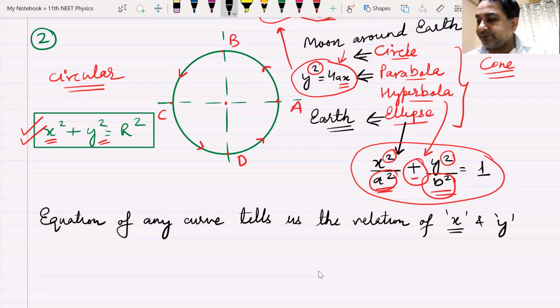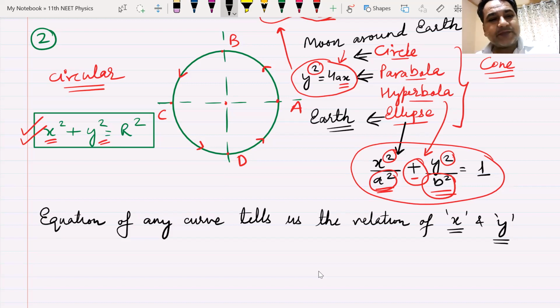Am I clear? So basically all these equations, if you look at all the equations that I have written here, they're telling you how x and y are related to each other. In case of a straight line, it is y is equal to mx plus c, relation between x and y. In case of a circle, x square plus y square is equal to r square.